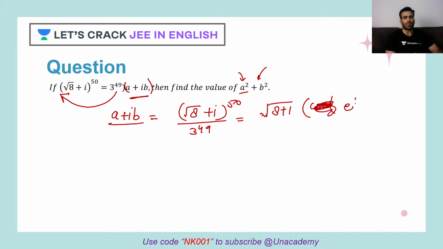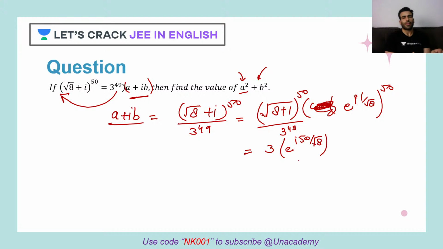So it will be e raised to iota 1 upon root 8, raised to 50. And when we have taken this out, this will be 50 as well, upon 3 raised to 49. Now this is 3, so 3 raised to 50 upon 3 raised to 49. So finally what will I get? 3 e raised to iota 50 times root 8 here.